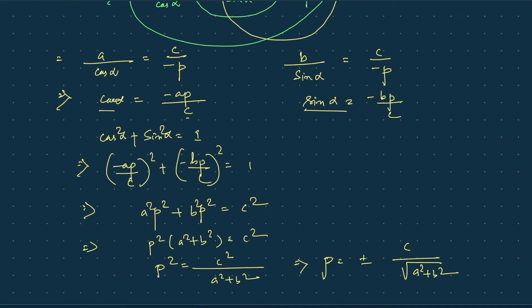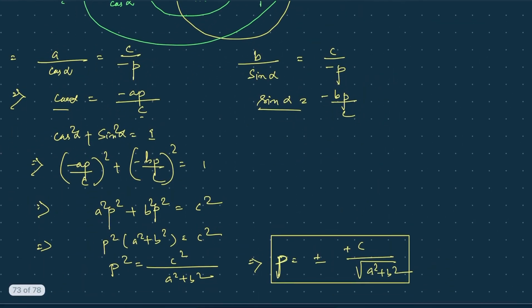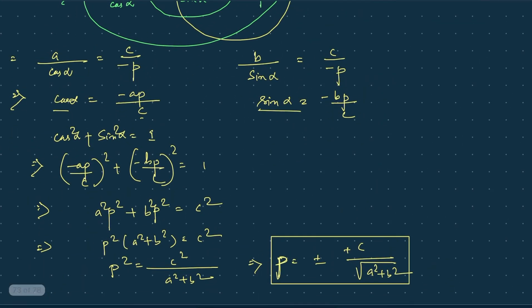But p is a length. Since p is a length, we cannot take the negative, so we ignore the negative and it is only positive. I think we have understood this one now. So we have found what p is. Can I now write what cos alpha is? Here p is given, so you replace the value of p here.